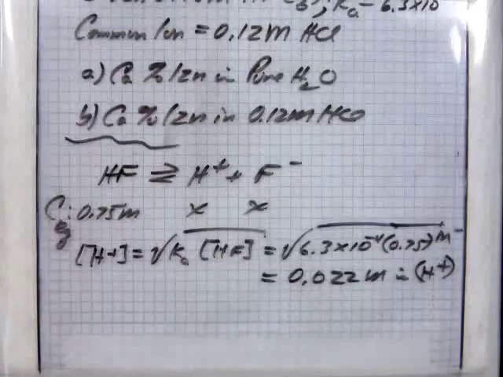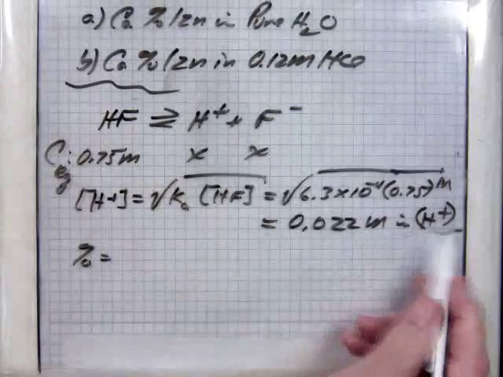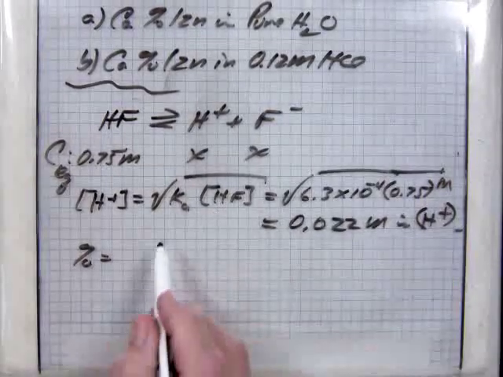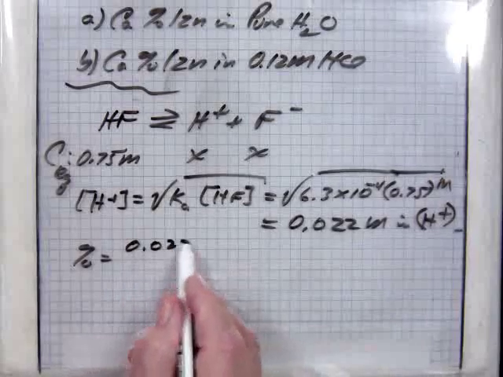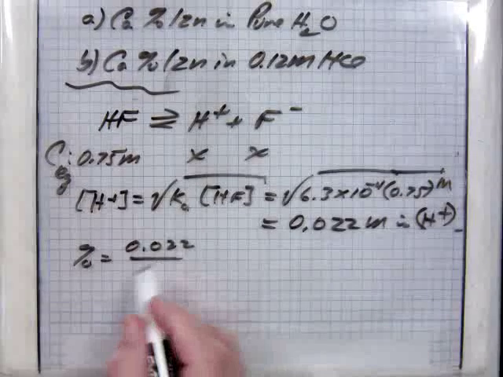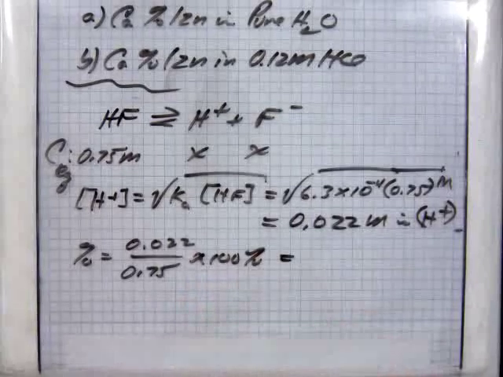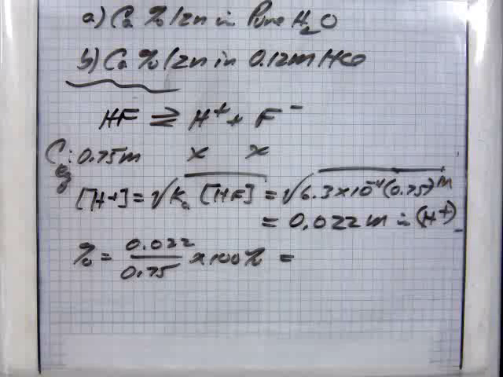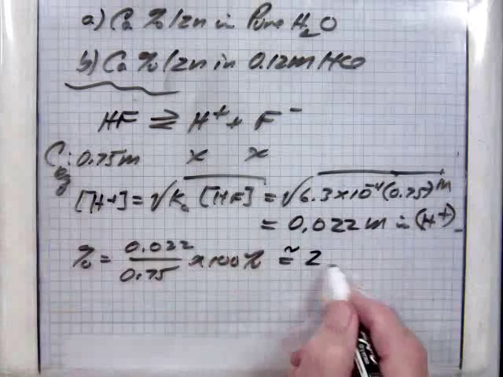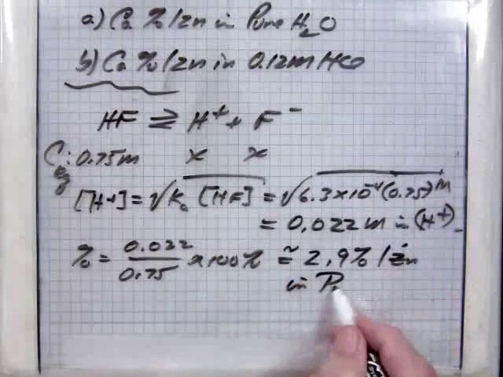So if I'm going to calculate the percent ionization out of this, it's the hydronium ion over hydrofluoric acid times 100. So that would be 0.022 for the amount of acid hydrogen delivered over 0.75 times 100%. So I'm looking at a 2.9% ionization in pure water.